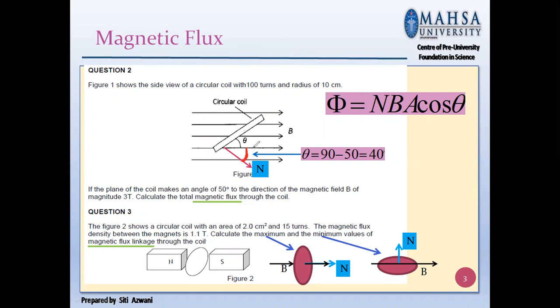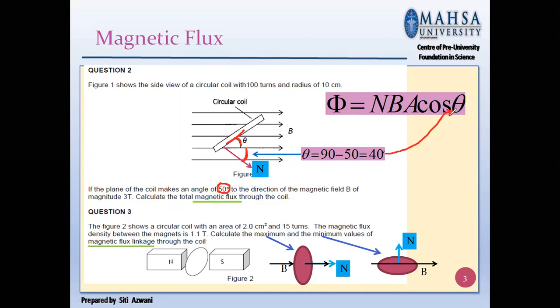But in your question you are given the 50-degree angle between the plane and B, so you need to subtract. How to calculate the angle here? 90 minus 50, you get 40. So 40 is substituted into your formula.